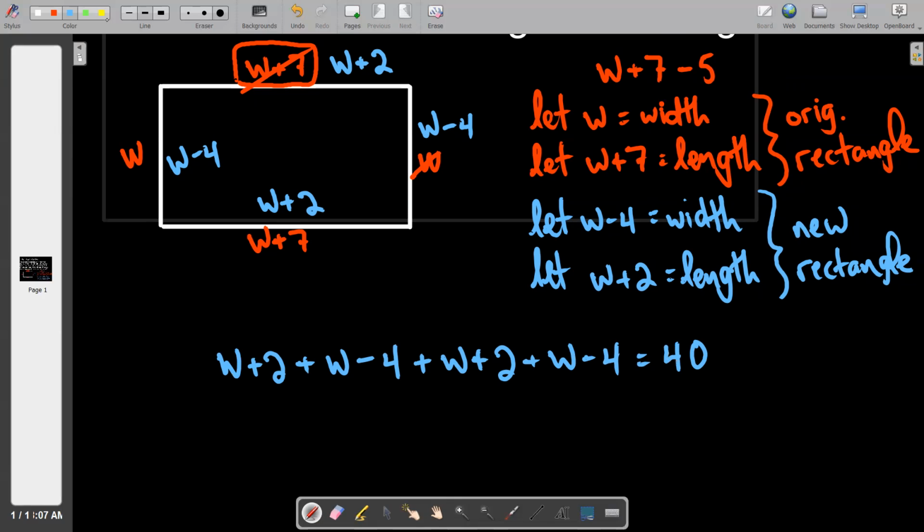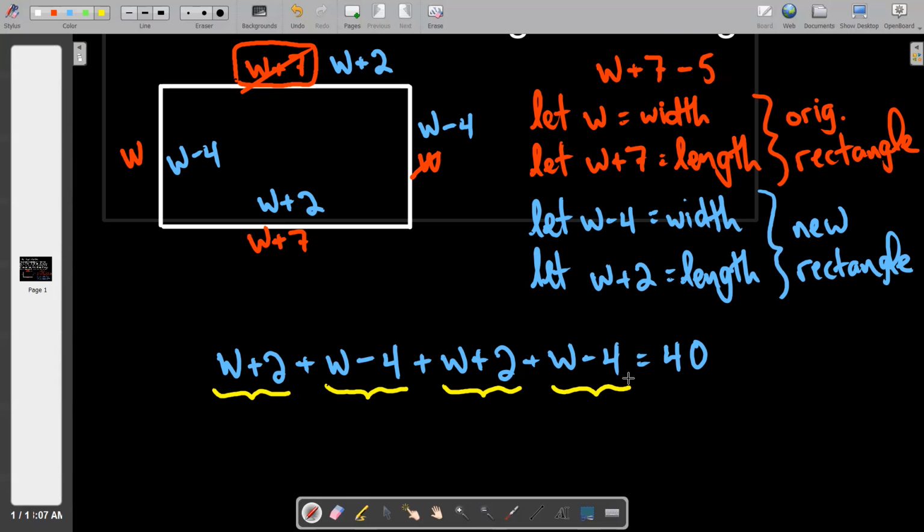That's as literal and just kind of out there in your face as I could possibly make that. So again, that is top, right side, bottom, left side. And we should all agree that those are the dimensions now of the modified rectangle after we decrease the length and decrease the width. Good.